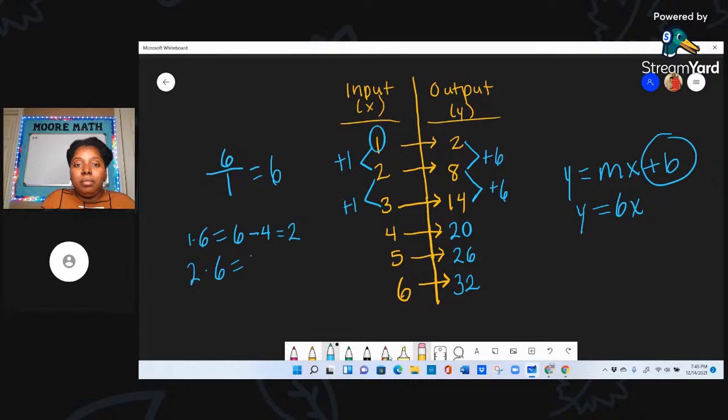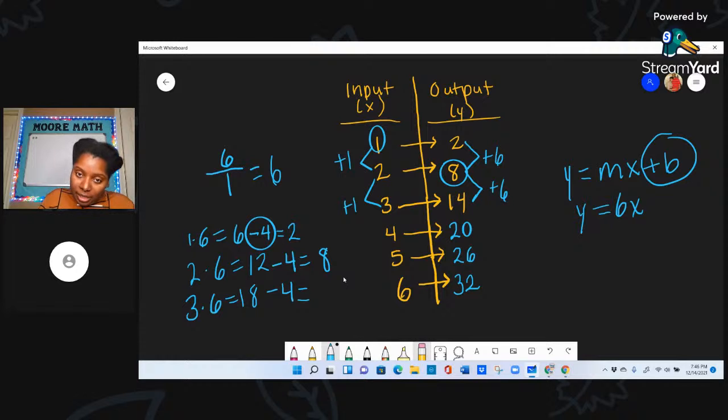Let's see if we minus 4, what do we get? 12 minus 4 is 8. Yep, which is what we had, right? We put the 2 in and out came 8. And 3 times 6 is 18, minus 4, isn't that 14?